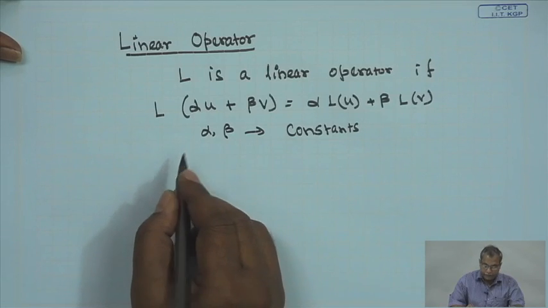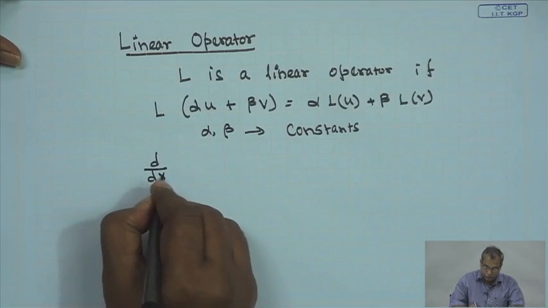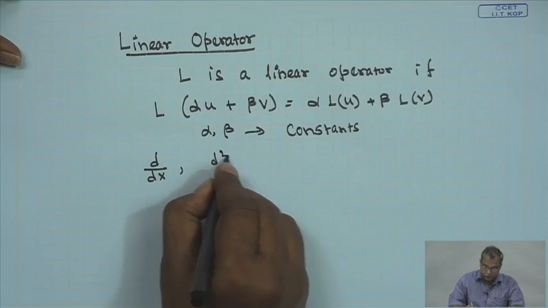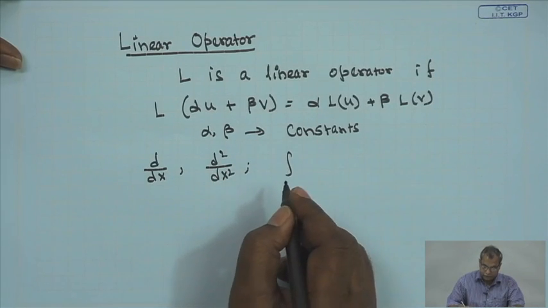Now, what is an example of a linear operator? d/dx is a linear operator, d squared/dx squared is a linear operator, integration is a linear operator.